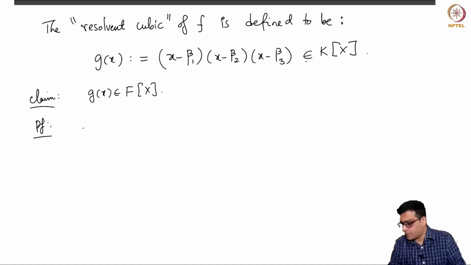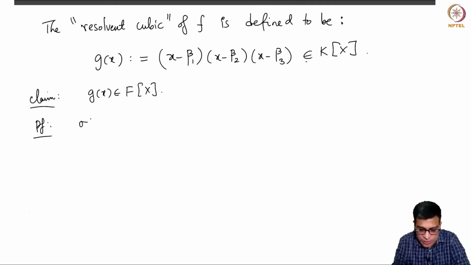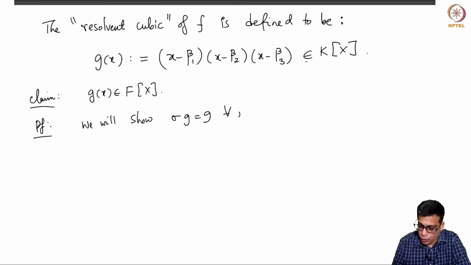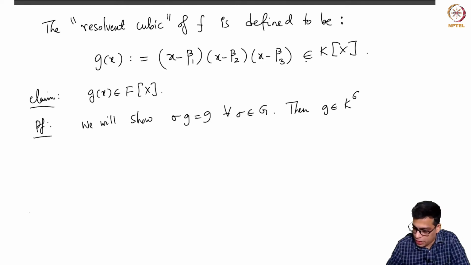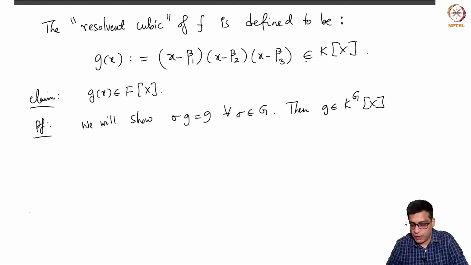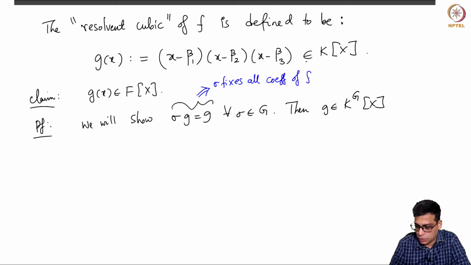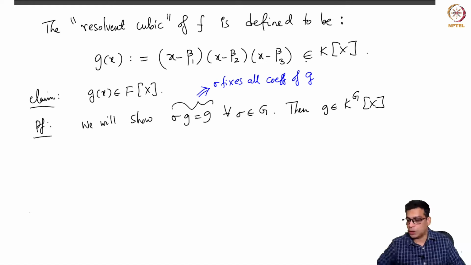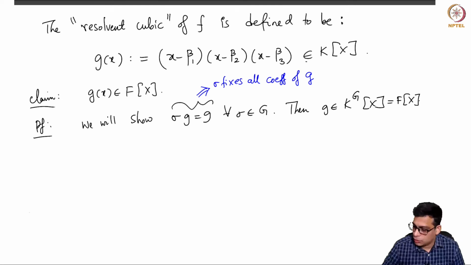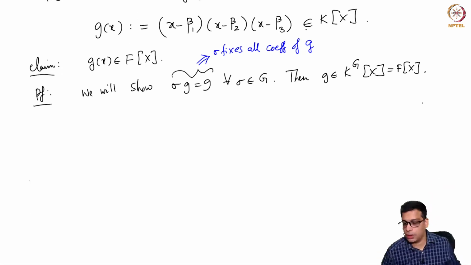So the point is, we will show sigma G is G for all sigma in the Galois group. Okay, then G is in F[x], right, because sigma G equals G implies sigma fixes all coefficients of G. That means all the coefficients of G are in K to the power G, but K to the power G is F because K over F is Galois.